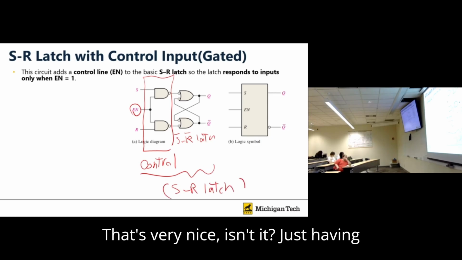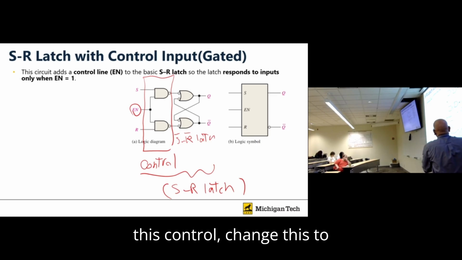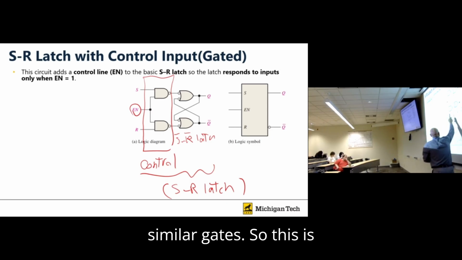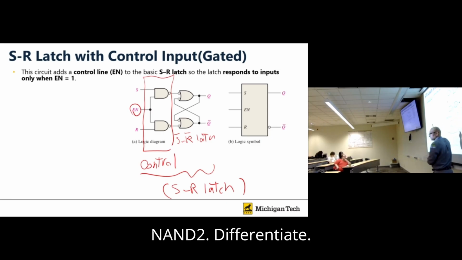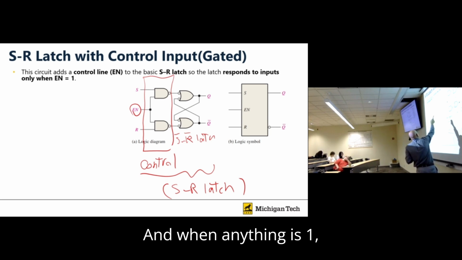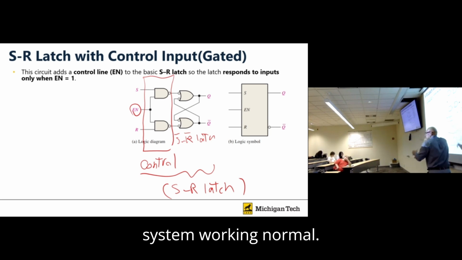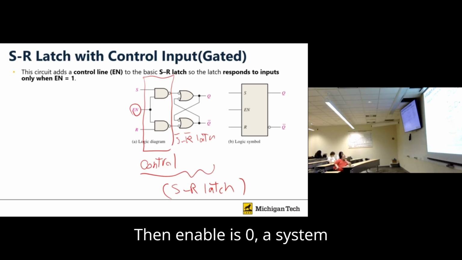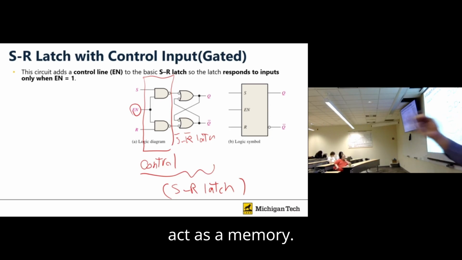That's very nice, isn't it? Just adding this control changes this to that. Still, we are using similar gates. So this is NAND2, a different shape, I don't know why. Anyway, this is NAND2. And when enable is 1, the system works normally. When enable is 0, the system acts as a memory.